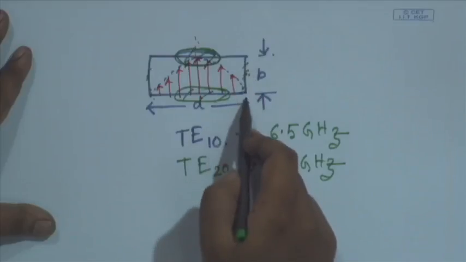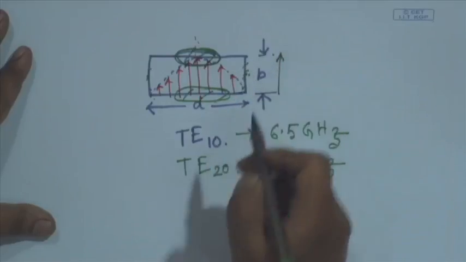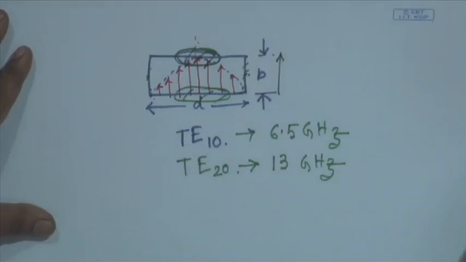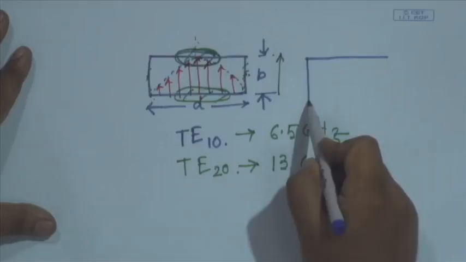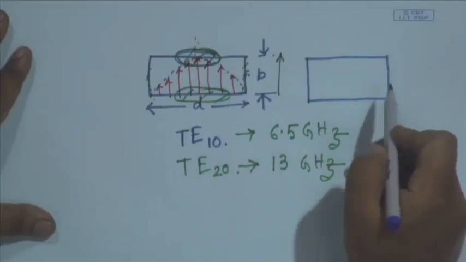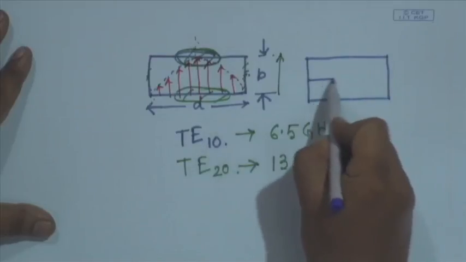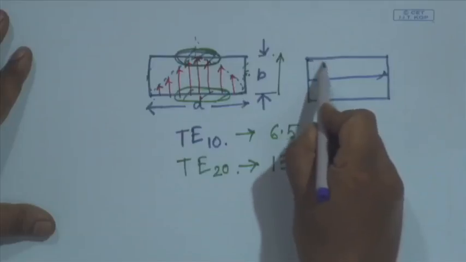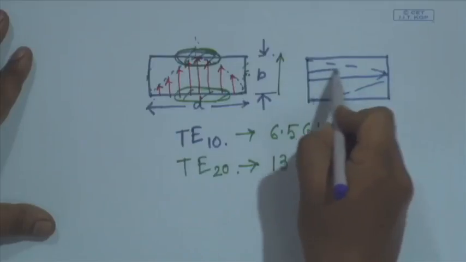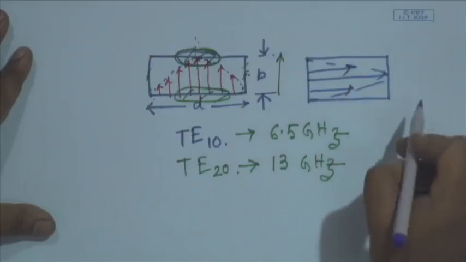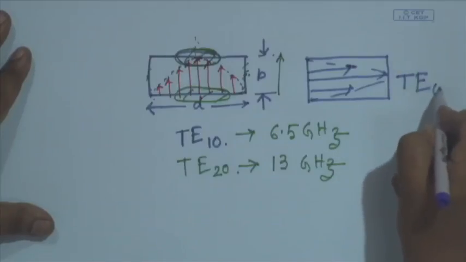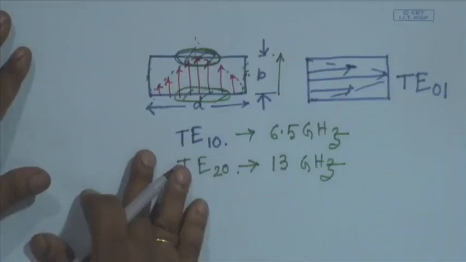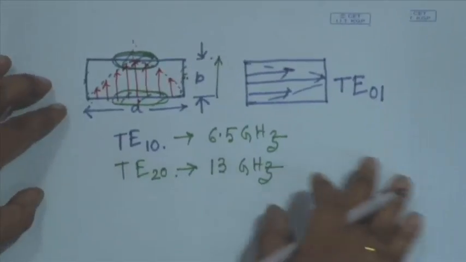Now, what about the perpendicular dimension? If we keep on increasing frequency, then we may also have a TE like mode in this direction. Let us call this mode TE01 mode, since it is in the perpendicular direction.